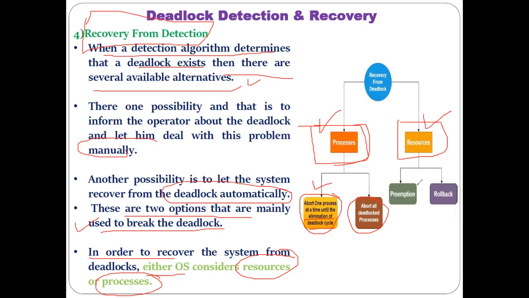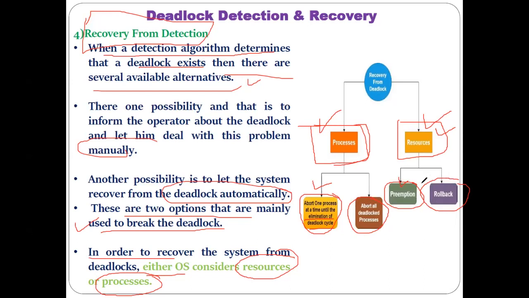Now at the resource level, a preemption strategy can be applied for recovery from the deadlock. Preemption strategy means forcefully taking the resources from a particular process. That is the first case. And at the resource level, the second approach is to roll back to the previous state, or roll back to the previous safe state.